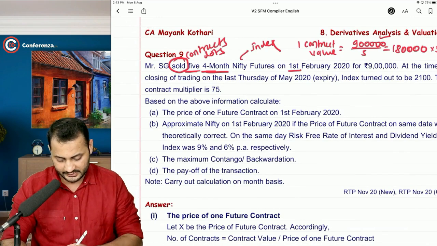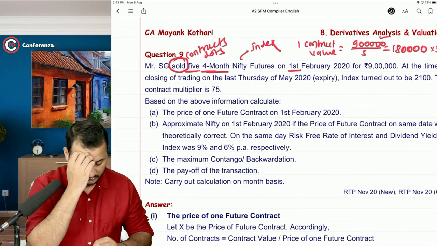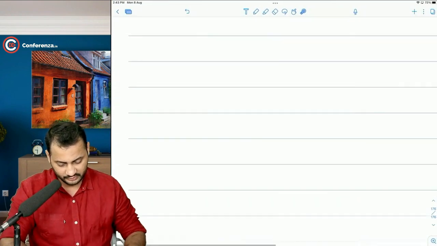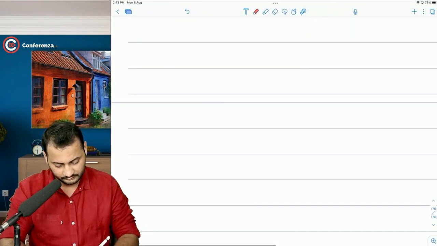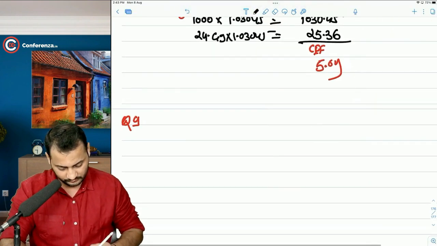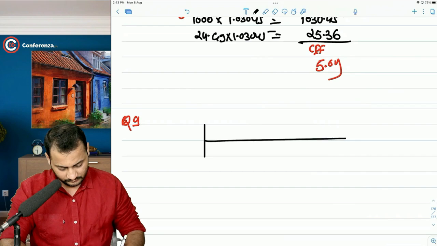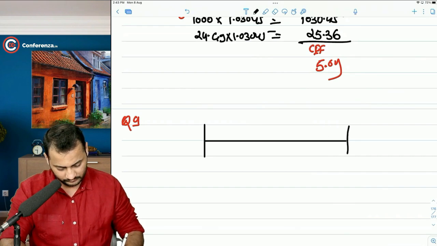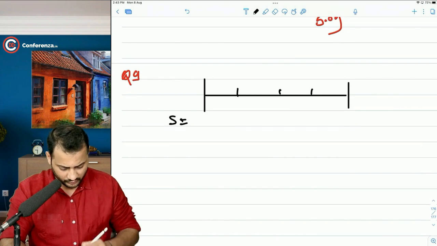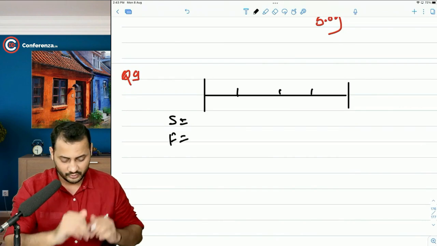Now what happened is, this is like reverse calculation contract. I will just show you first here. Question number 9. One, two, three, four. So this is a spot price. I don't know what it is. This is a forward price. I don't know what it is.